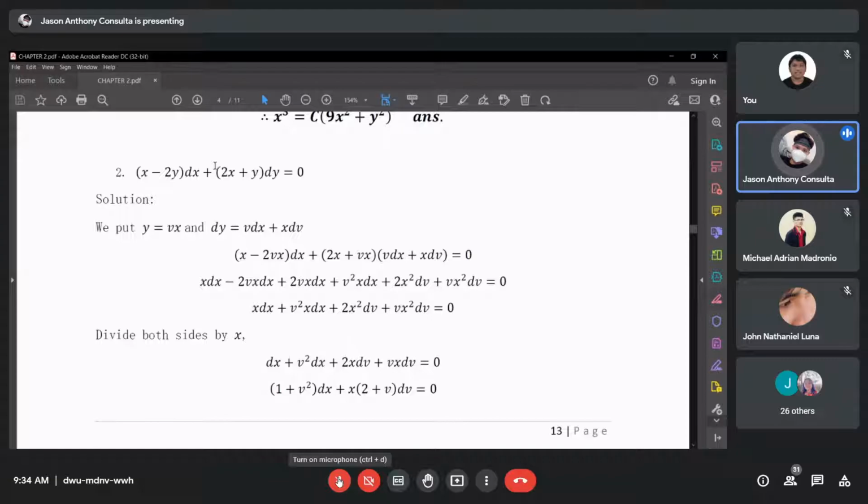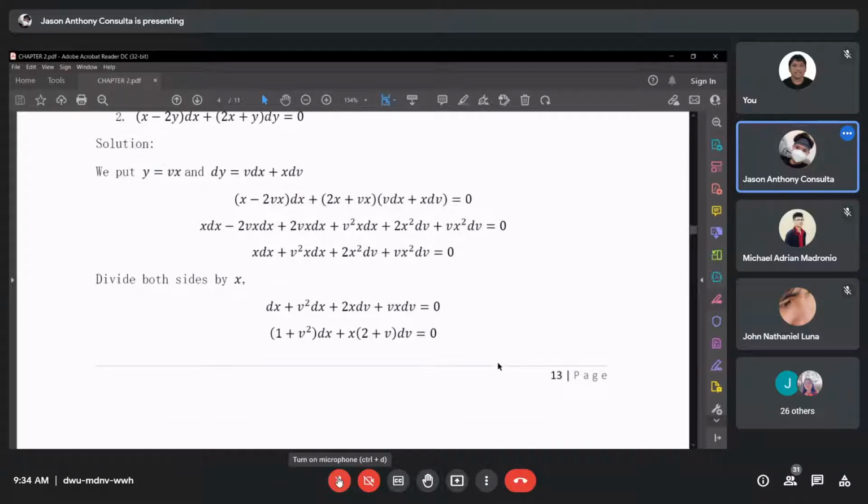Then after mahanap kung alin yung mas simple, substitute nyo yung y is equal to vx and dy is equal to v dx plus x dv. Then after substituting, simplify, combine similar terms kung meron.